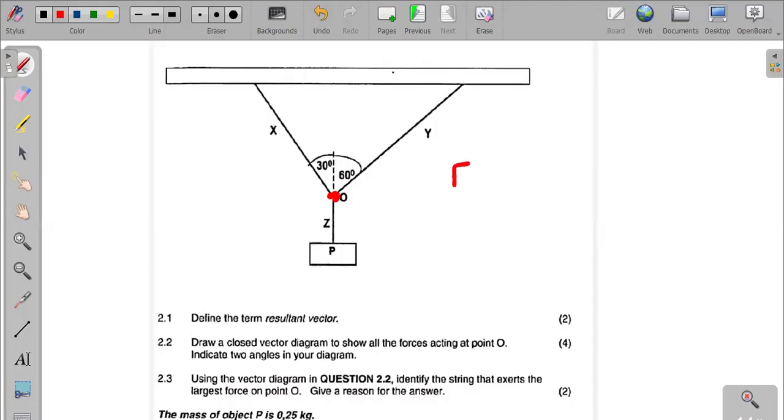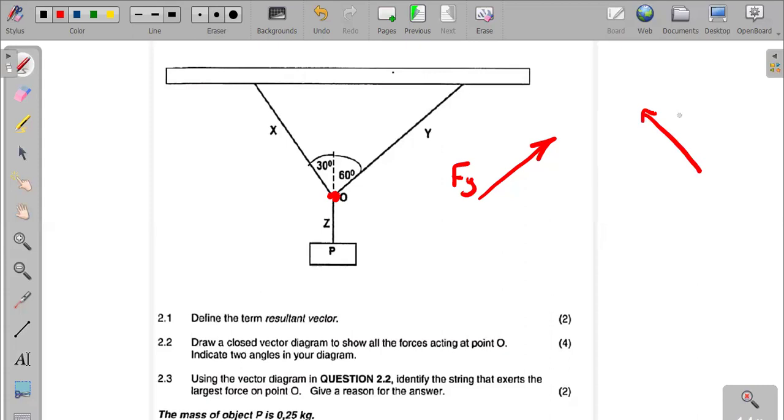Right, so Fy, what is the direction of that Fy? It is going in this direction. Right, let's talk about the force acting through X, which is also a tension. So it's going in this direction, from O, mind you, so it's going in this direction.